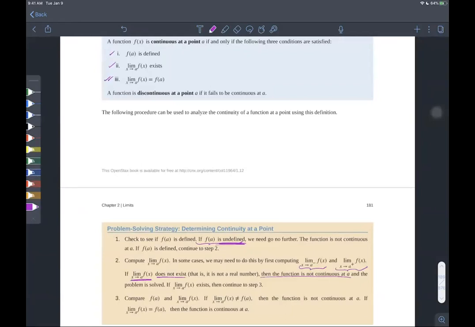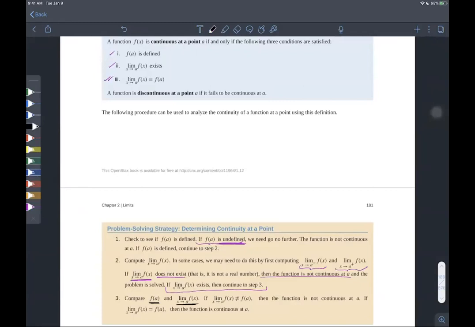But again, what if the limit does exist? Then you need to continue to step 3. Step 3 asks us to compare f of A and the limit as x approaches A of f of x.